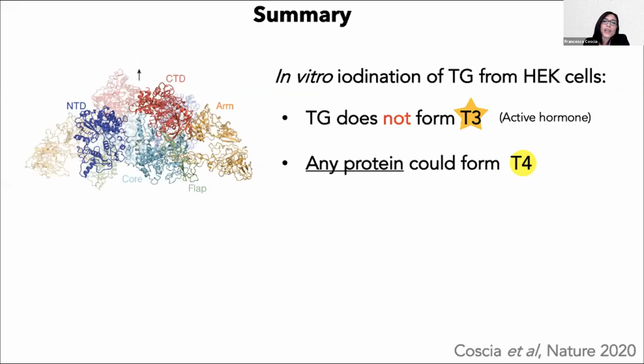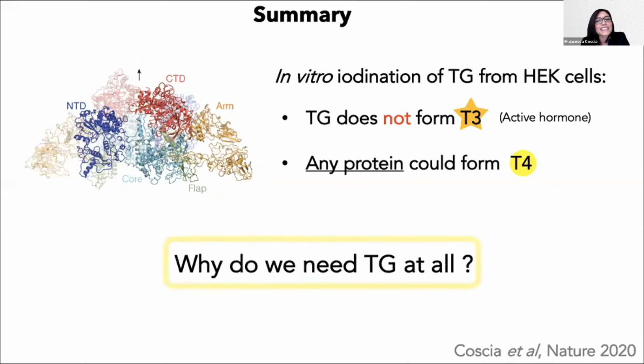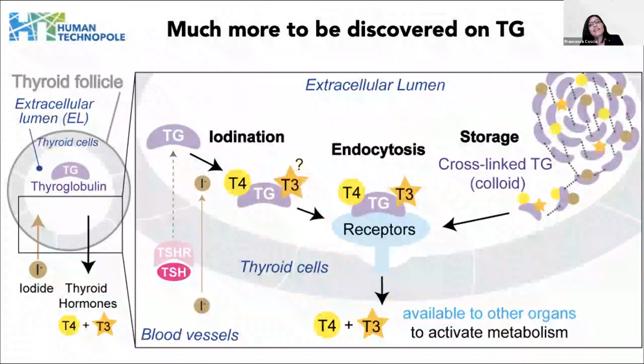So now the question is, why do we need TG at all, and why has this giant multi-domain protein been conserved over evolution if a much simpler protein could exert the same function? So this probably lies beyond the iodination reaction itself, and it's due to the many regulatory processes in which TG is involved, and that couldn't be exerted by a much simpler protein.